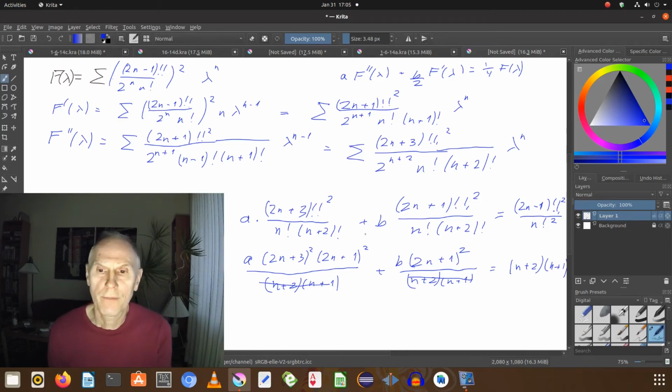So we have actually 3 equations with 2 unknowns.